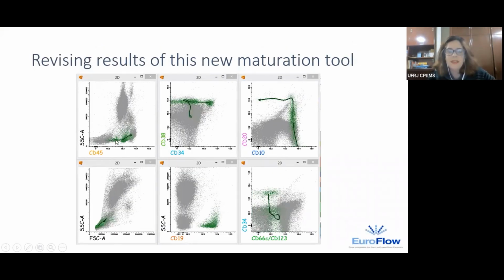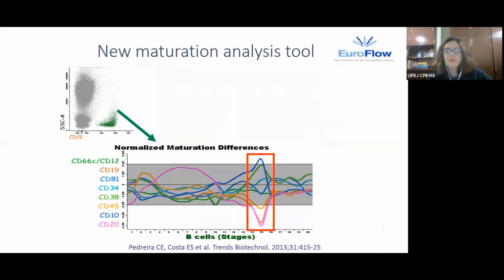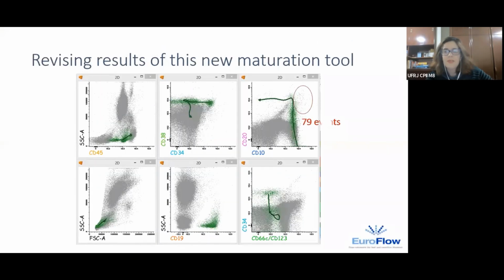We have here cells CD34, CD45 low, small cells that mature, gaining CD45, starting here, loss of CD34, and now after CD38, and also here with CD10, CD20, the normal pathway, but here we have some events, 79 events, outside the maturation pathway. So this tool can also be useful for us.